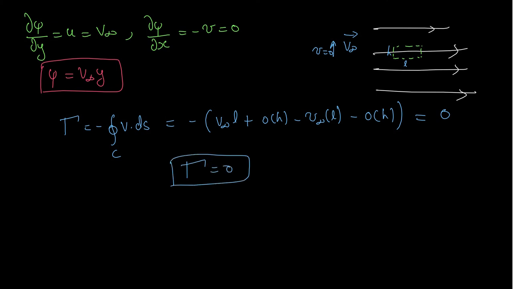So now that we have got the velocity potential, we have got the stream function, and we have calculated the circulation, we have a pretty good idea about how this flow is behaving in a mathematical sense. Next, our next elementary flow is source flow or sink flow, which are complements of each other.